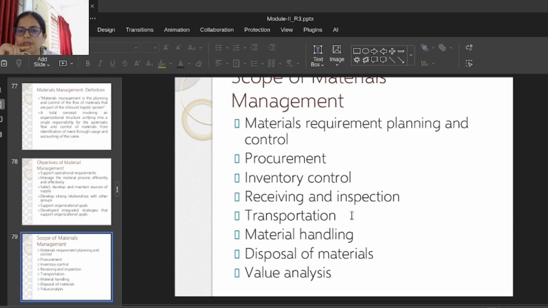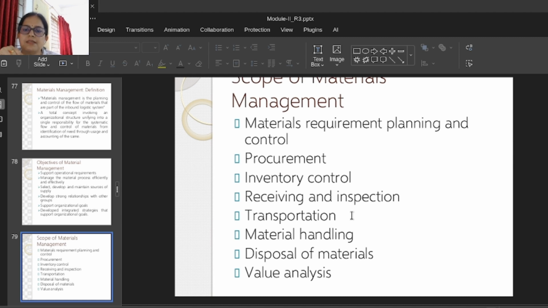Then transportation, mode of transportation and cost associated with transportation, material handling, and proper disposal of material, minimizing waste while doing production or procuring materials, and best use of the materials.